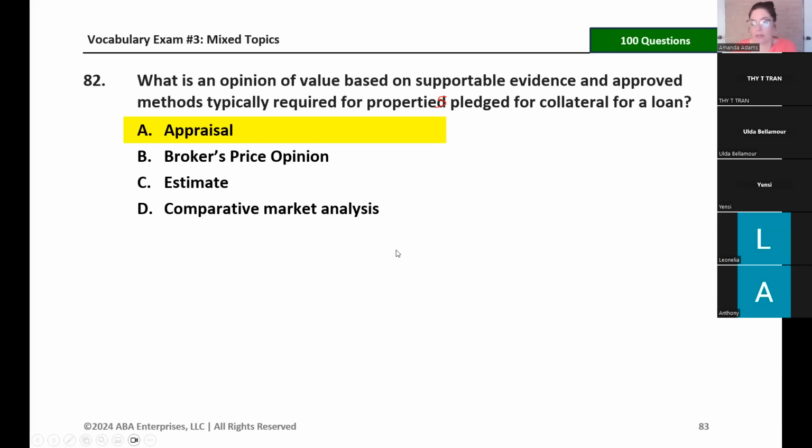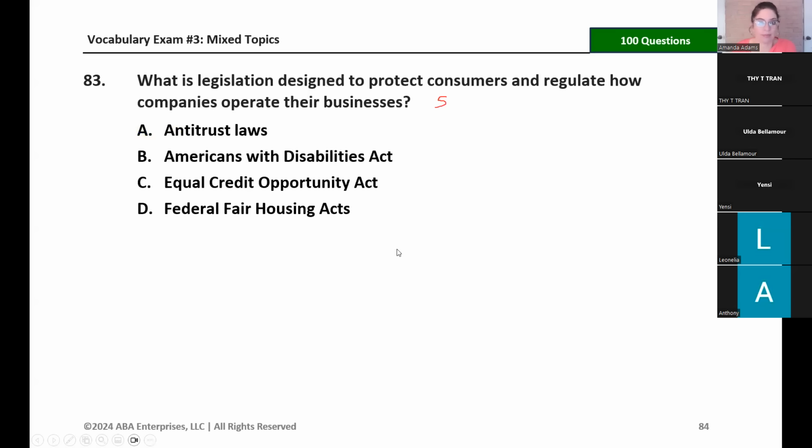That's an appraisal. 83. What is legislation designed to protect consumers and regulate how companies operate their businesses? Those are A, antitrust laws. Antitrust.